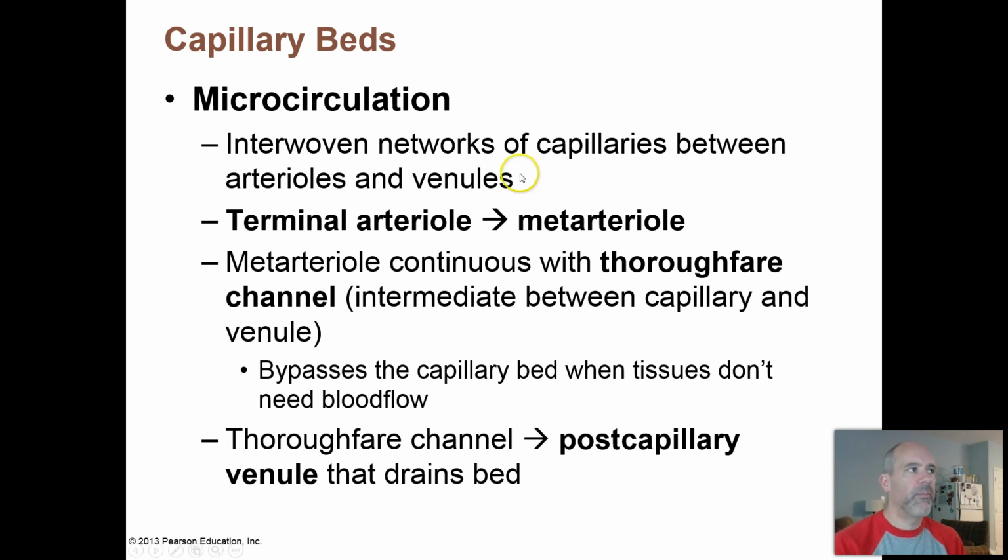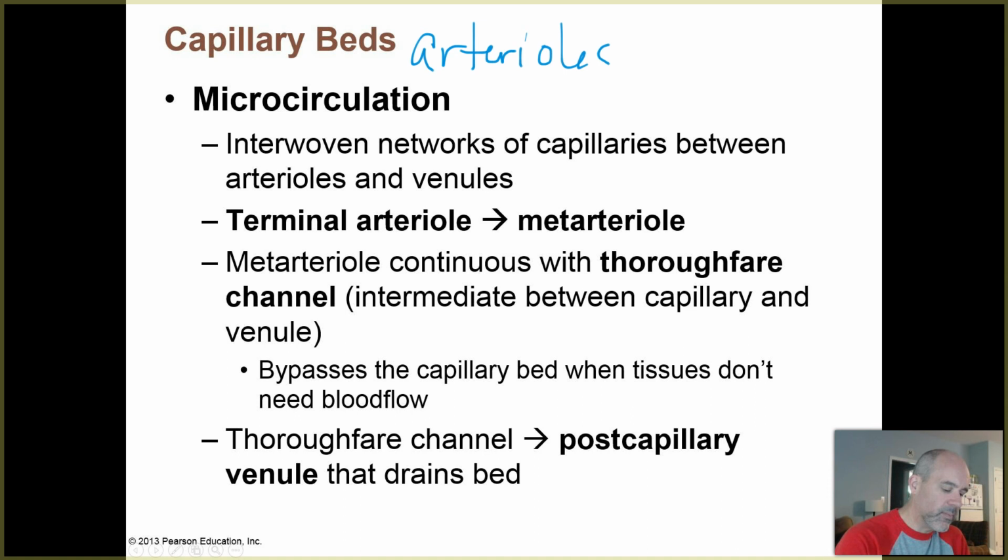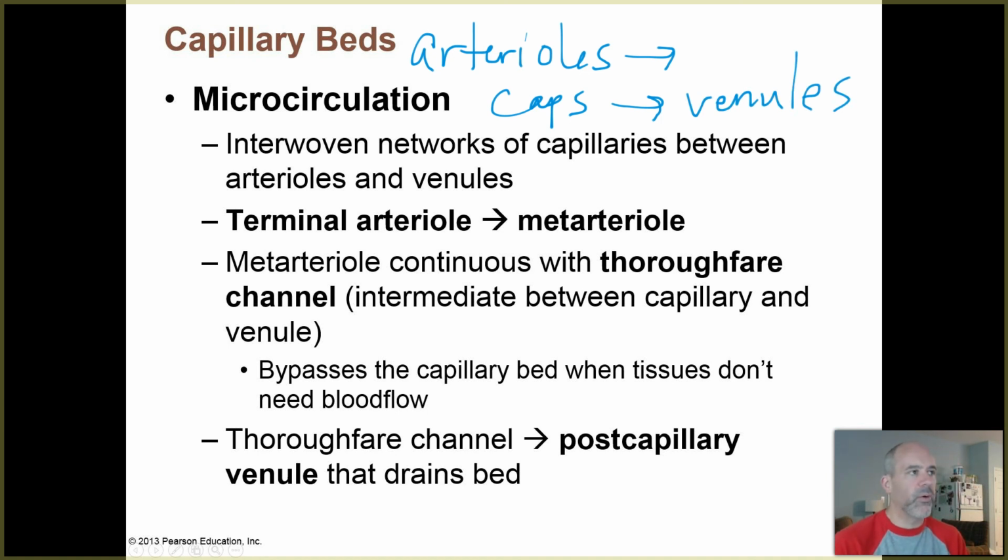All right, so let's talk a little bit about capillary beds and what those are. So we talk about how arterioles lead to capillaries. And then capillaries, that's where you have your exchange with the surrounding tissue fluids, and then those lead to venules. You always have that order of flow.